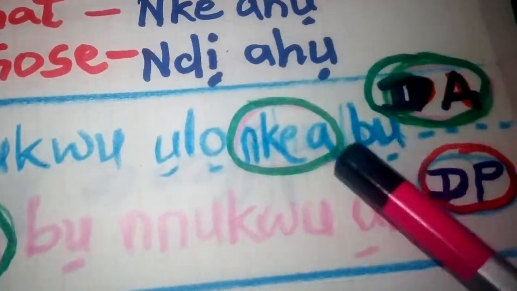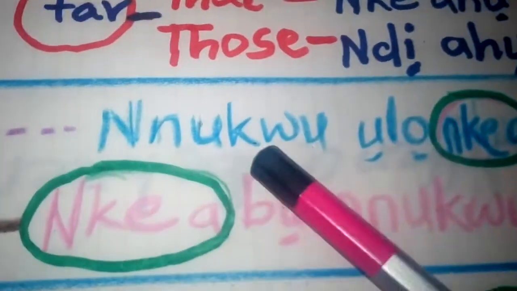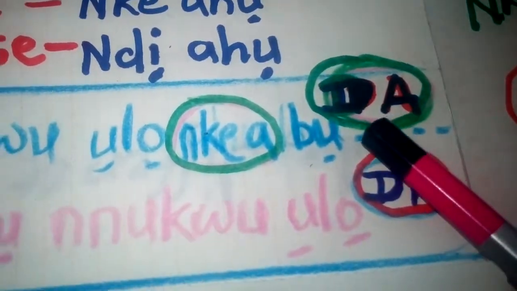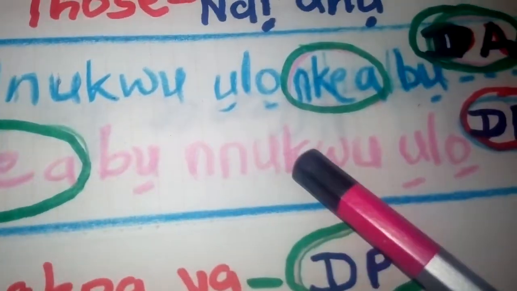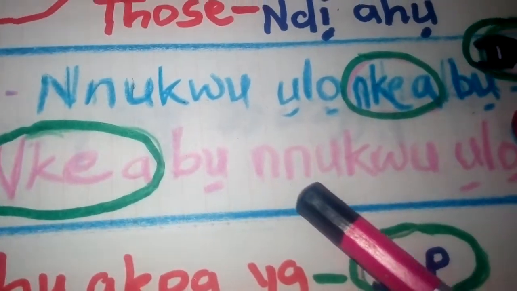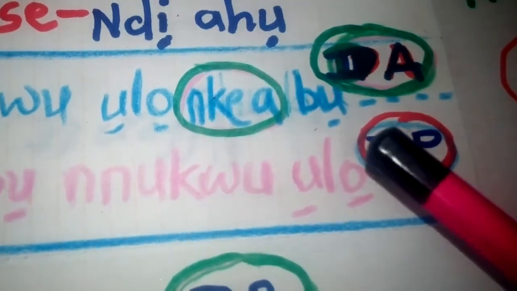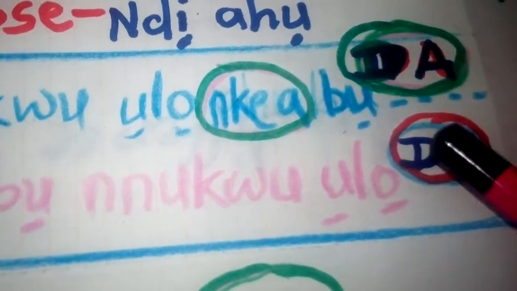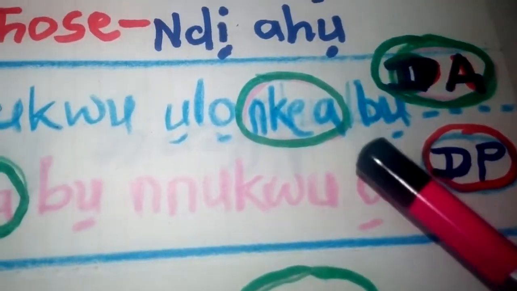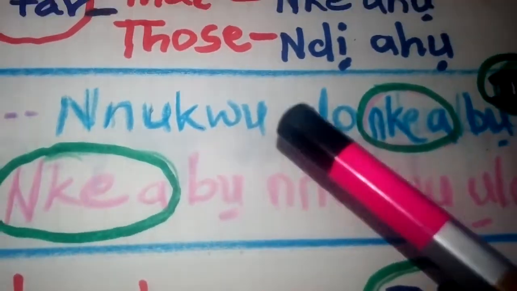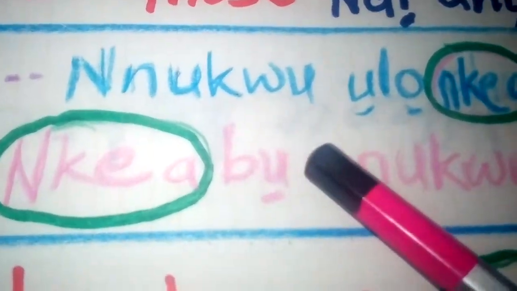Demonstrative adjectives are placed after the noun, and demonstrative pronouns are placed before the noun. So very important, you know, this is in Igbo language.